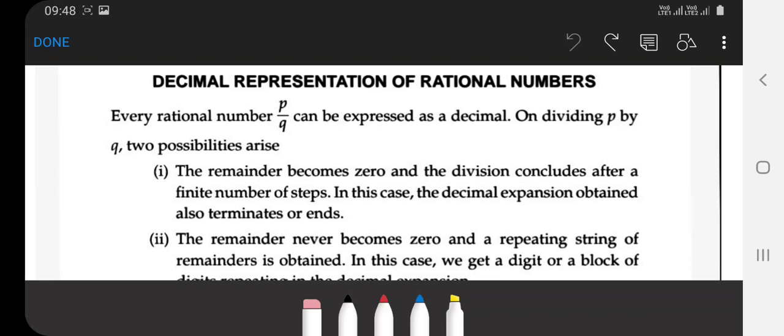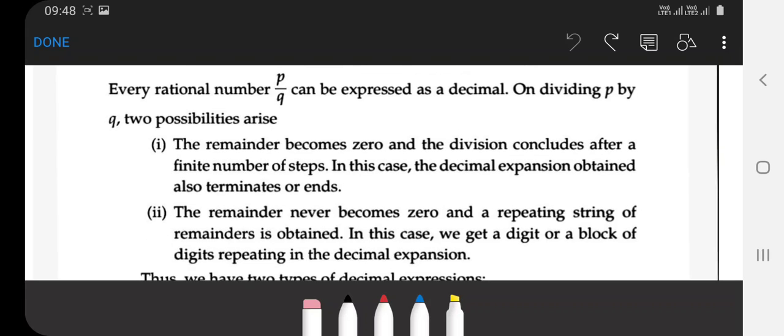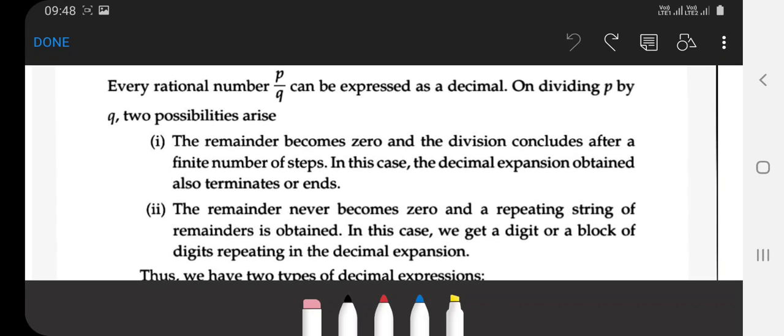With the help of these two results, the two possibilities are: the remainder becomes 0 and the division concludes after a finite number of steps. In this case, the decimal expansion obtained also terminates or ends. In the first case, you divide 5 by 2. In the other case, the remainder never becomes 0, and a string of remainders is obtained.